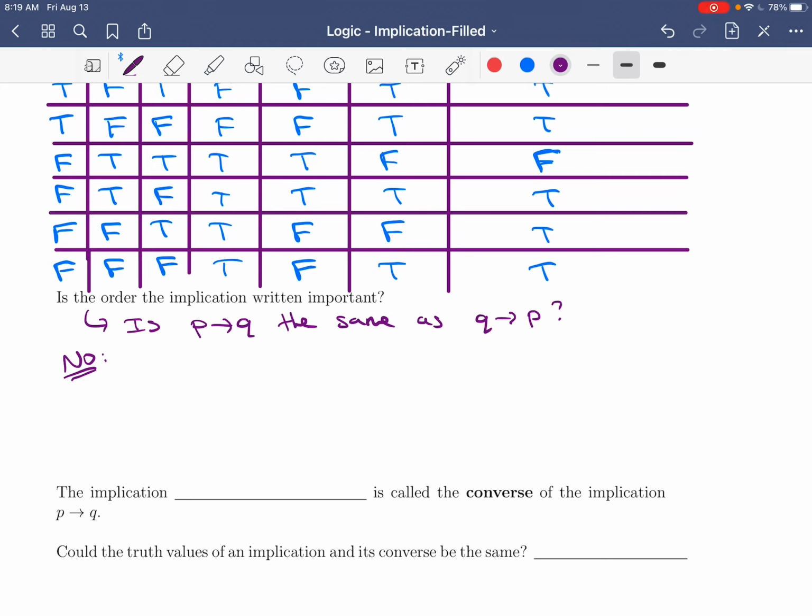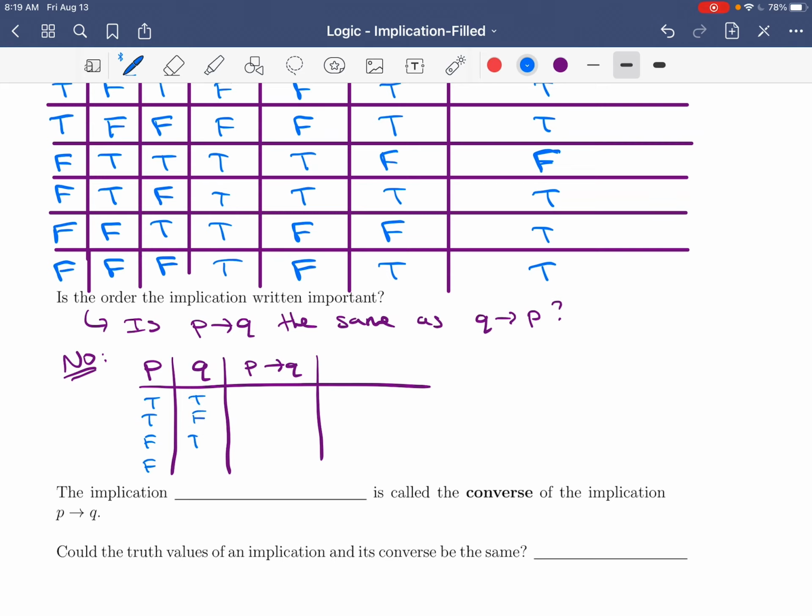If the premise is false, then the statement is true automatically. So it might be easier to see this if I just do a quick truth table. We already did this one. So it's only false in the second row.